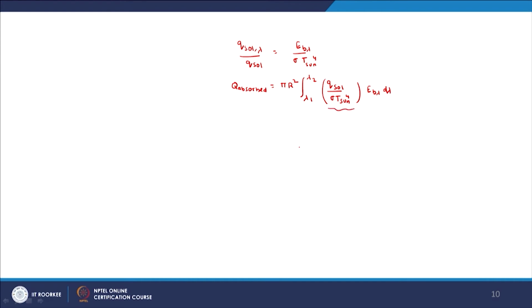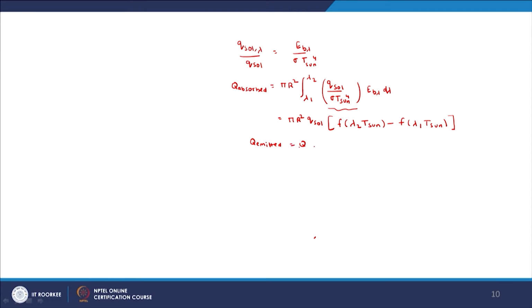So, this quantity is independent of wavelength and we can take it out, and all we are basically left with is pi r square q sol f lambda 2 T sun minus f lambda 1 T sun, where f is basically the normalized black body function for wavelengths lambda 1 and lambda 2.